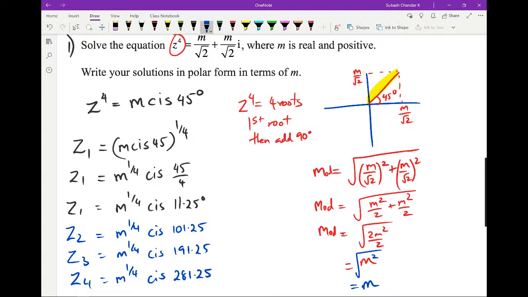Why did you power it by a quarter? Indeed, that's one of De Moivre's theorem. So if you have De Moivre's theorem, let me see if I can pull up the complex calculus formula sheet. It is given to you guys in the formula sheet. Level 3 formula sheet, De Moivre's theorem.